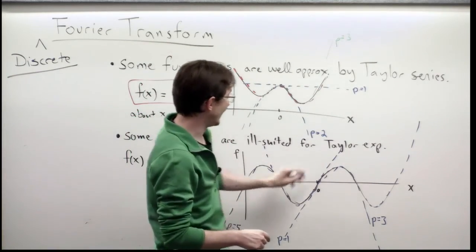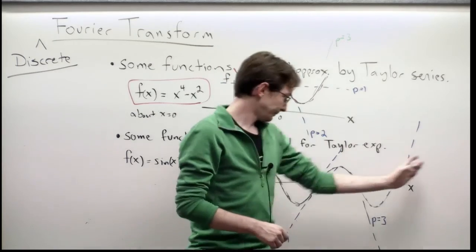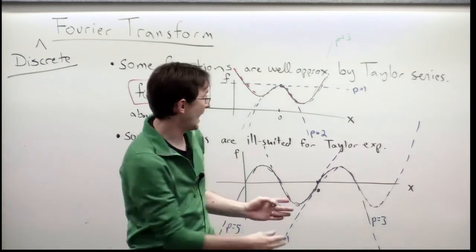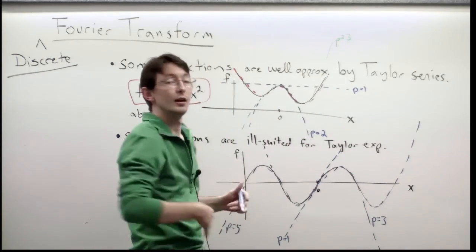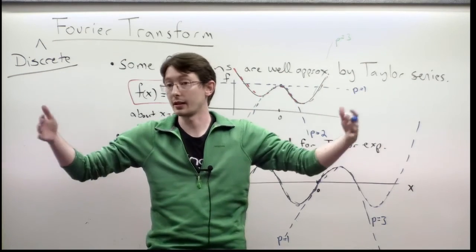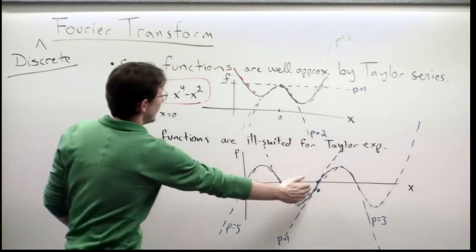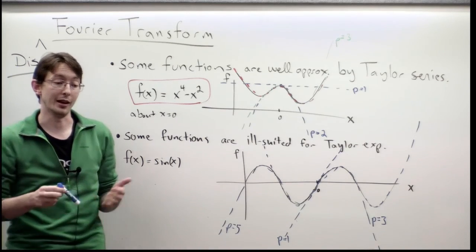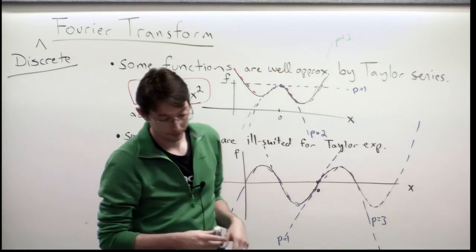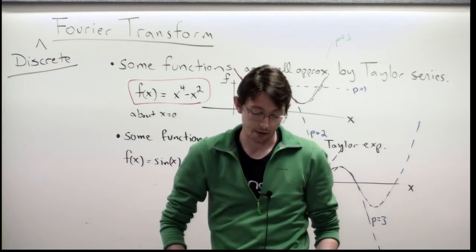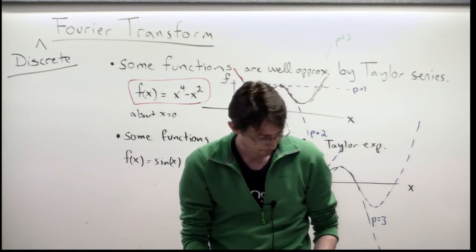So if I wanted to add another half period on each side, I would have to have a 7th order polynomial. This just gets worse and worse. The farther away from my origin I look, the higher order polynomial I need to represent it accurately. So this is a problem with Taylor series, that they're not good for all functions.